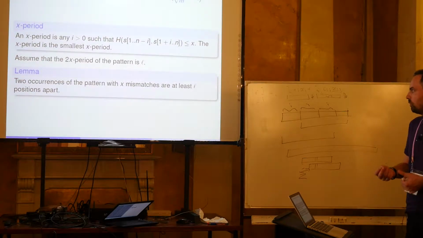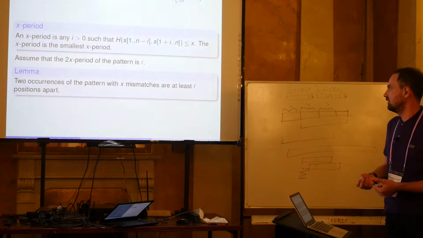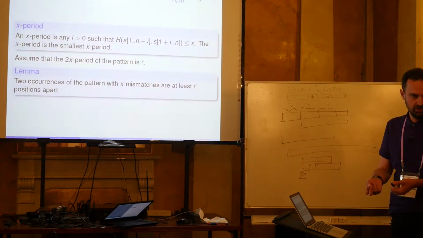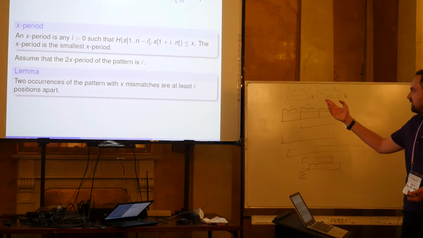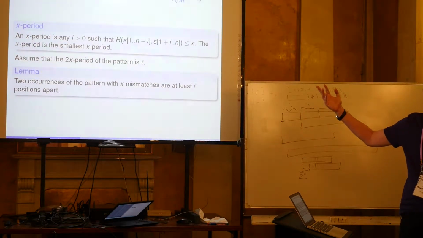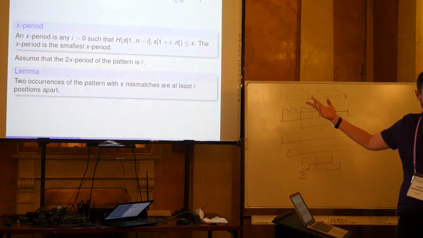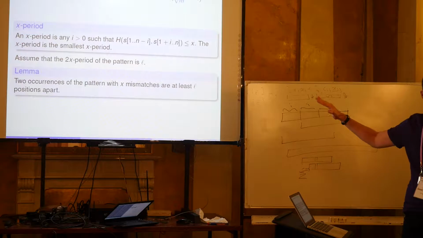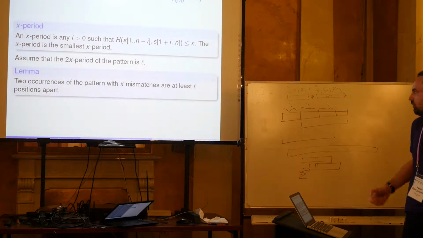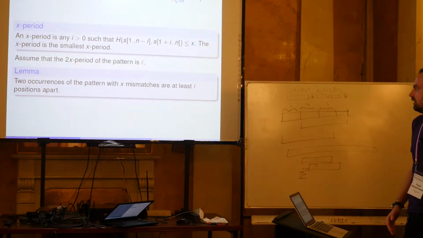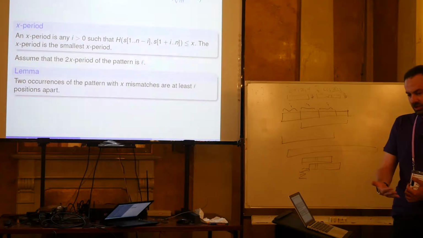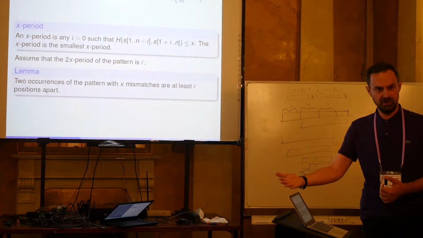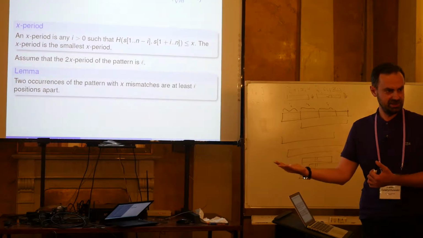It means that if your pattern has the property that its 2x period is large, and you can expect x to be k, because in the end we look for occurrences with k mismatches, but it will change on the next slide. You will see why. But think about x being roughly k, because we are looking for occurrences with k mismatches. So in the end of the algorithm, you will get few occurrences. That's what this lemma is telling you.